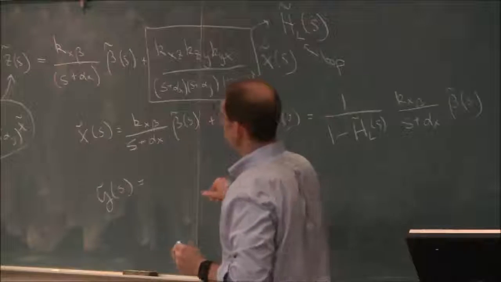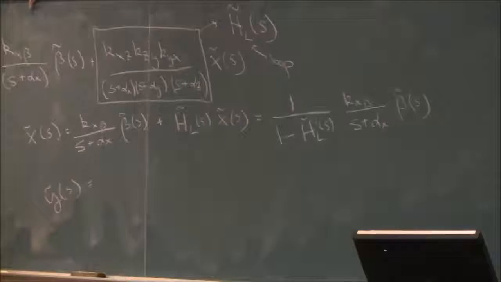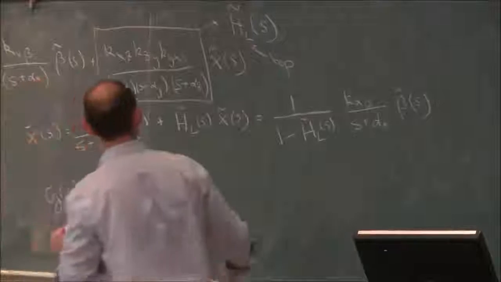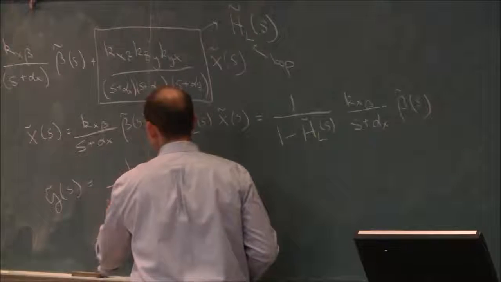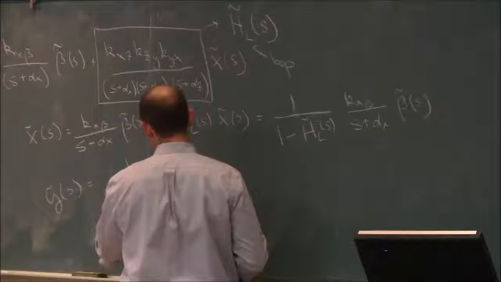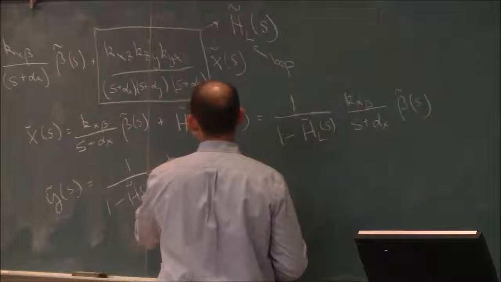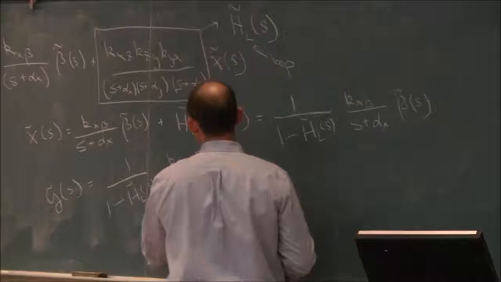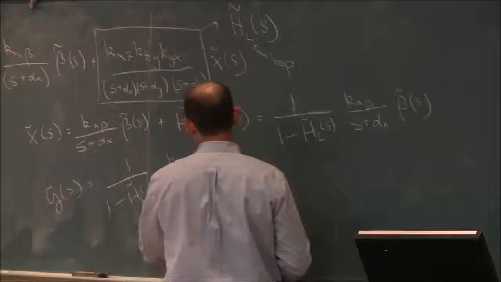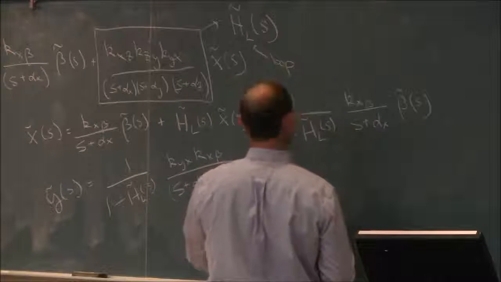And then our solution for y is that y is equal to k_yx over s plus alpha_y times x. So we have this 1 over 1 minus H_L in front. And then we get k_yx, k_x beta over s plus alpha_y, s plus alpha_x, and then beta.